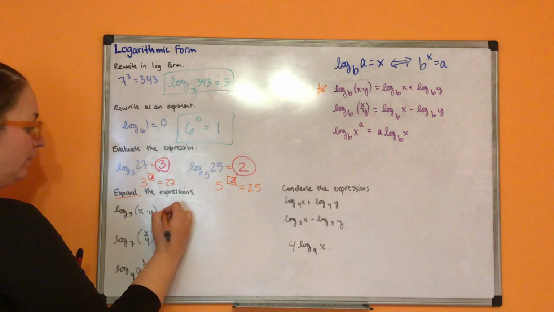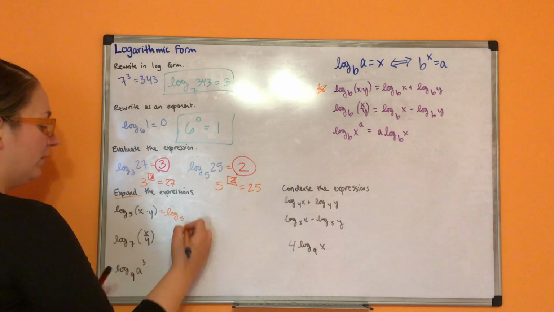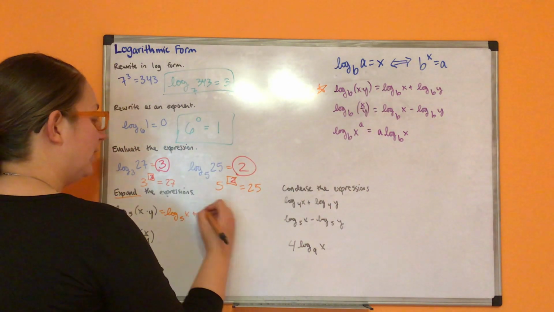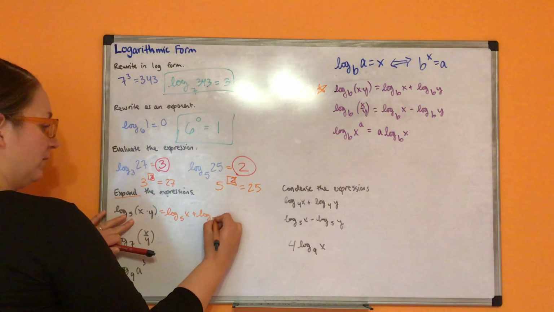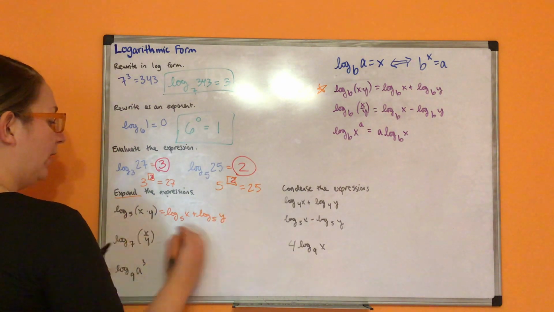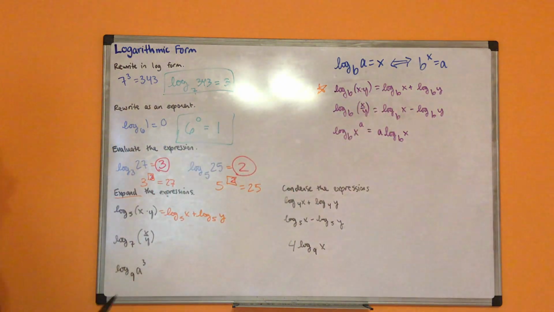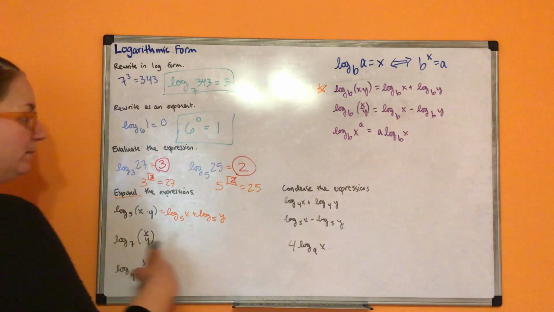I do log base 5 of my first argument, x, plus log again, my base is 5, and then my second argument, y. So all I'm doing is switching from one format to another. Nothing too crazy there.